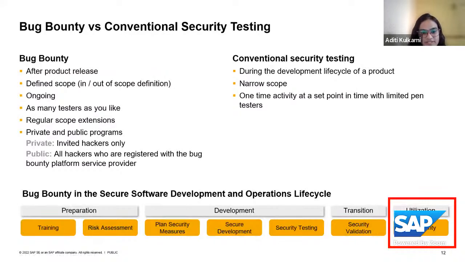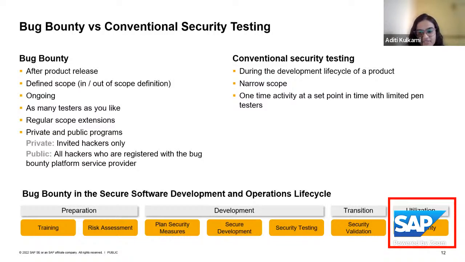Conventional security testing is part of the development life cycle of a product. If we take it from SAP's point of view, we have a preparation phase for a software where we are involved in training and risk assessments. Then in the development phase we plan for security measures, implement those measures, have secure development, and the development phase itself has security testing that is done on the modules that are developed.